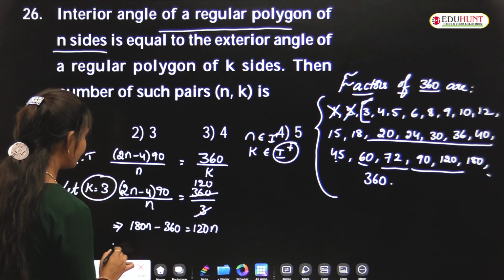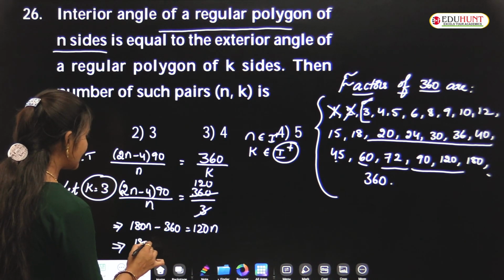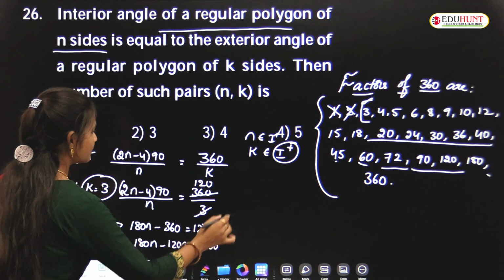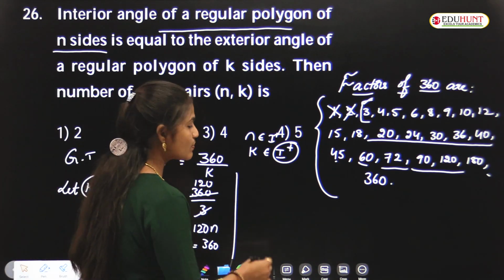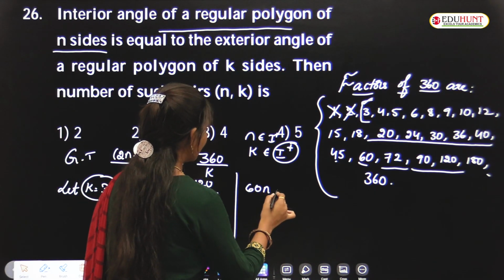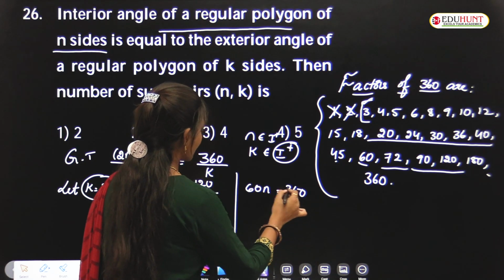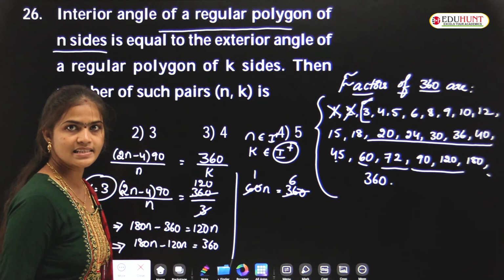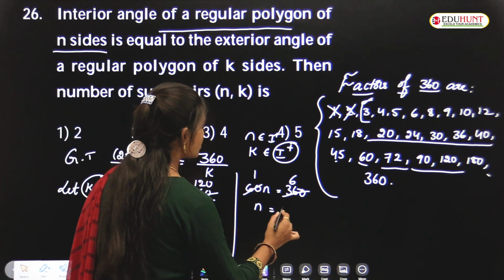So from this, 180n minus 120n is equal to 360. So 180 minus 120 is 60n equals 360. So 6 1s are 6, and here 6 6s are 36, so n is equal to 6.